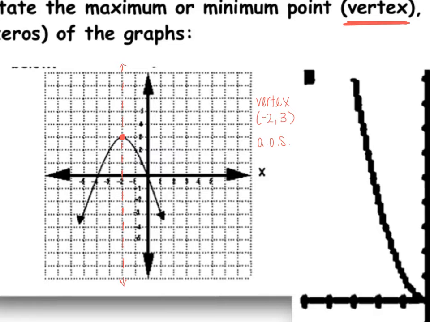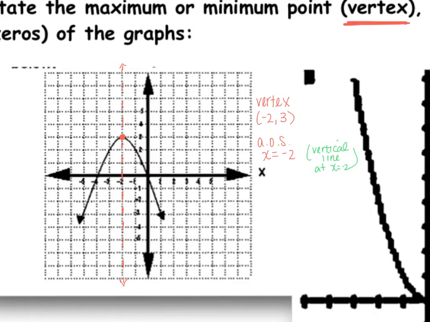When we're writing our axis of symmetry out, it's always x equals, and then the value that it's at, -2. So whenever you see something written like this, that's telling us it's a vertical line. So vertical line at x equals -2. Okay, x equals is always just vertical.